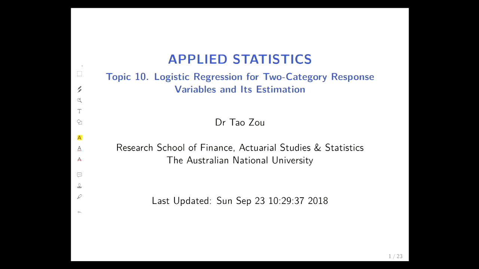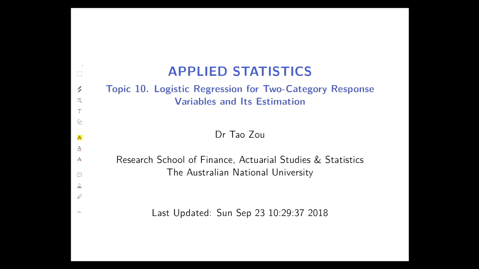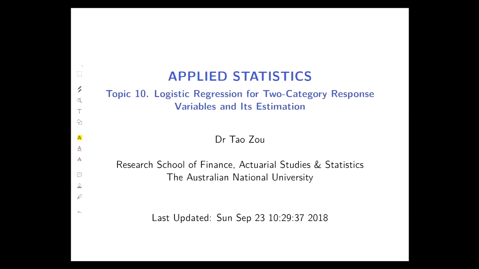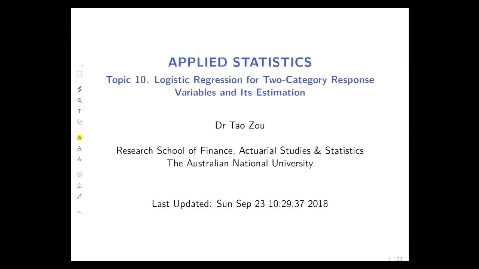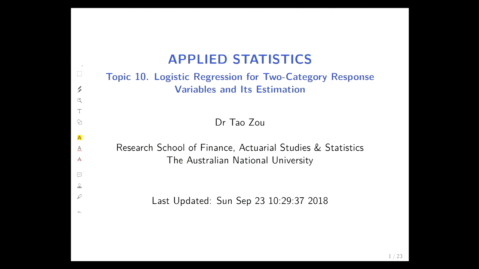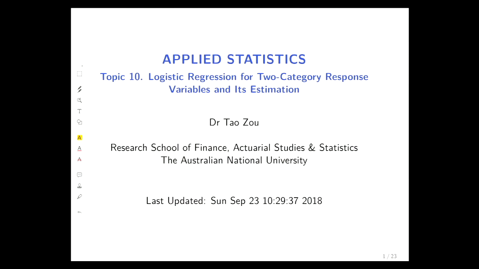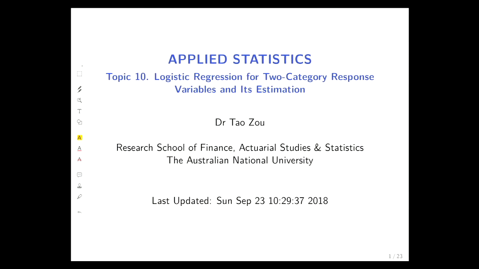But we are going to start from this very simple and basic 2-category response variables. And then we are going to talk about how to regress on this kind of categorical response variable. So you can treat the second half of this semester as the generalization of the multiple linear regression model. In other words, it is called a generalized linear model.